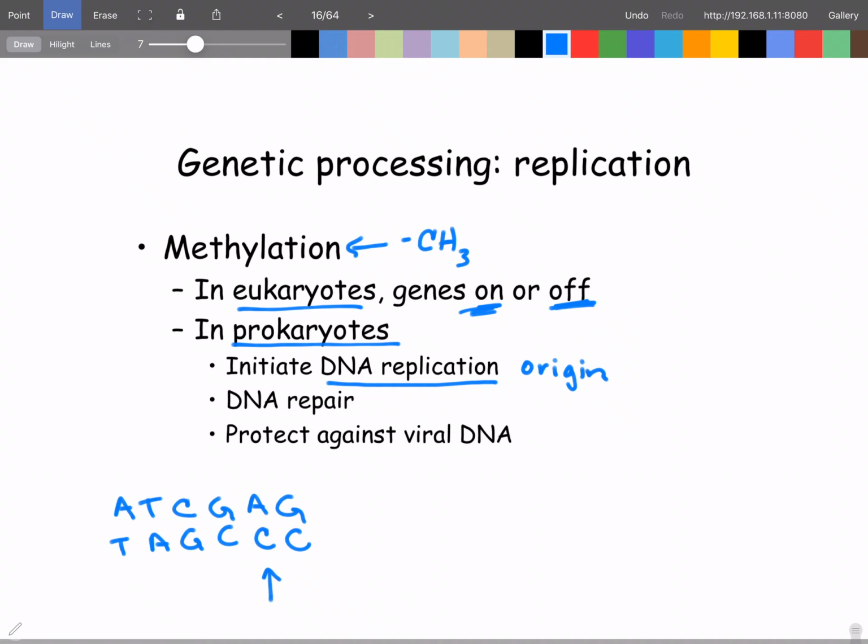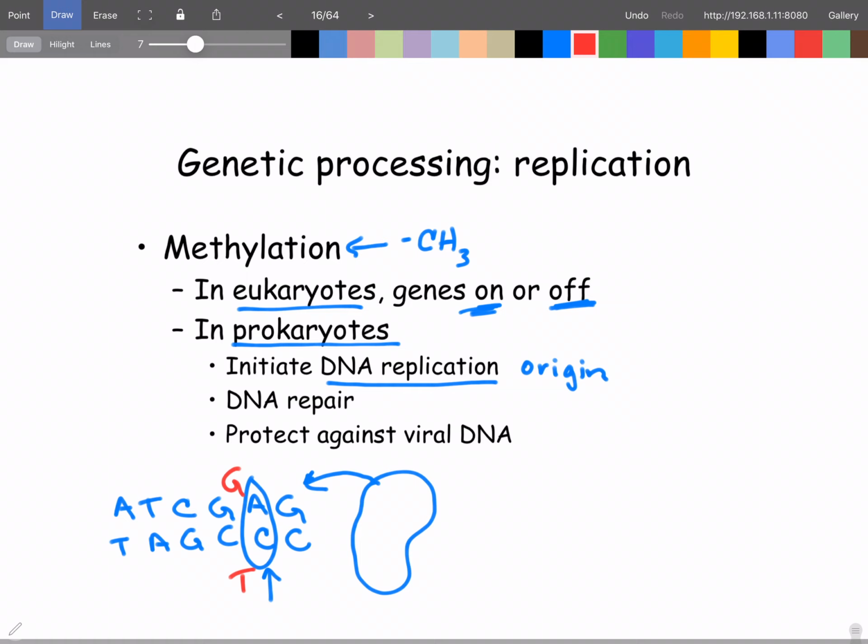All right, so we've got a big old DNA repair enzyme that comes along scanning the DNA, and it sees this. How does it know what to do? Does it put a T where the C was, which would be correct, or will it put a G where the A was?